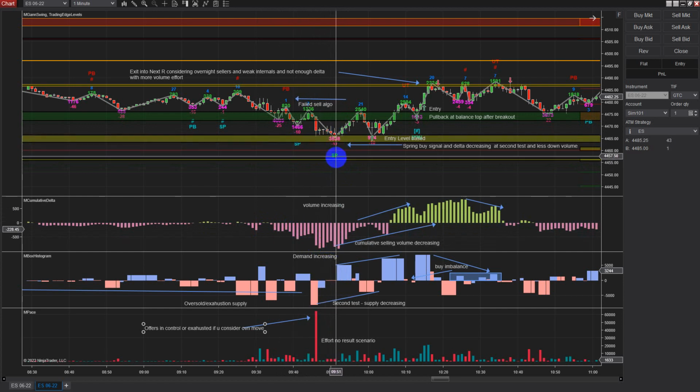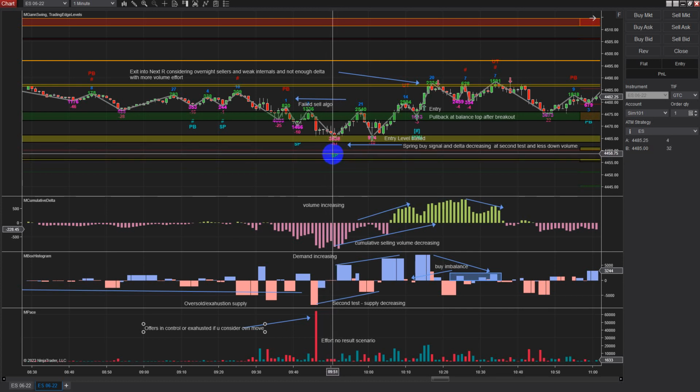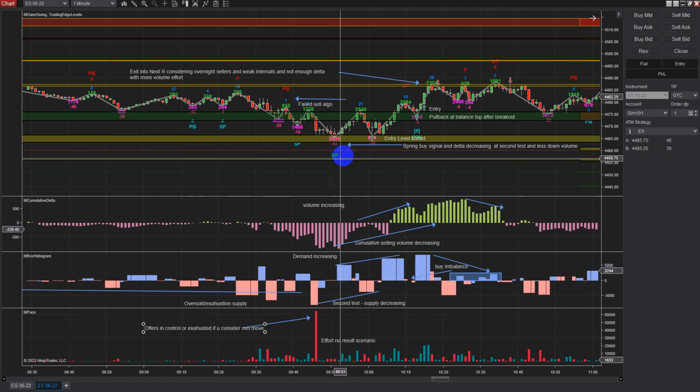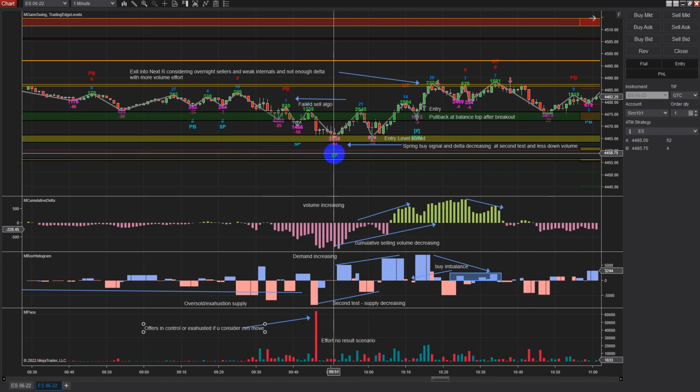There is what is called a spring. It's a buy signal. It usually happens when the downside is exhausted, so it's an indication that price is exhausted. That's another confirmation from this tool.